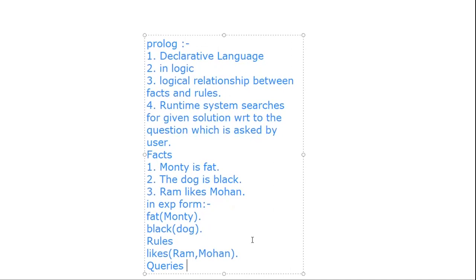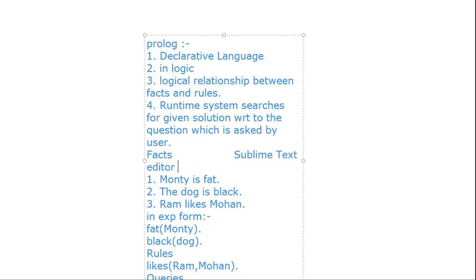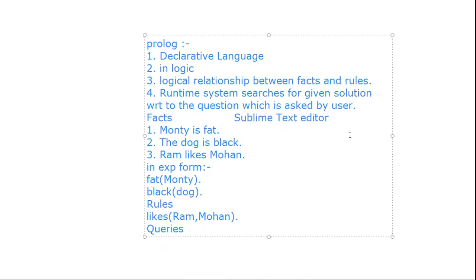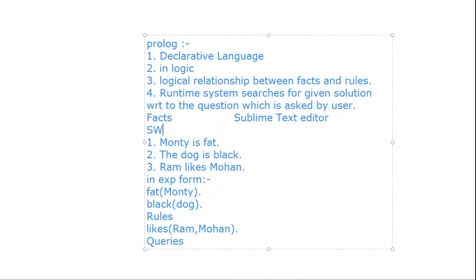Now, if we have to use certain notations and acknowledge these things in the program, we require two things as far as the non-functional requirements of Prolog. First is any text editor; I'm using the Sublime text editor. And another thing is SWI Prolog.